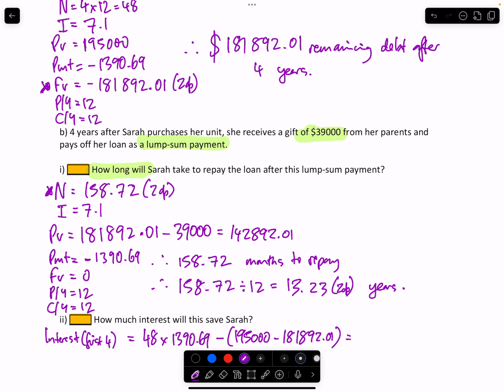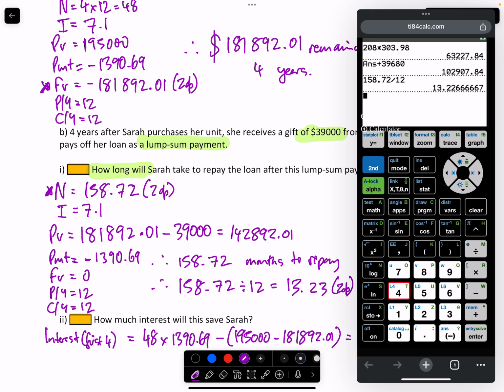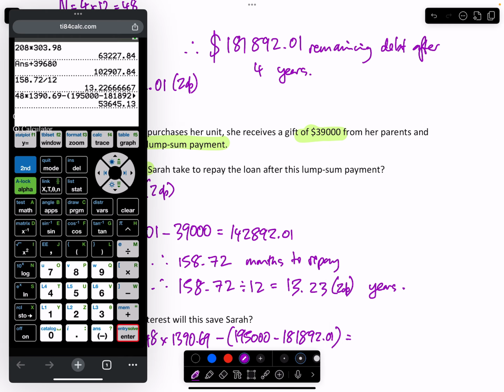So in the first 4 years, 48 times 1390.69 minus 195,000, take 181,892.01. I paid off 53,645.13 interest.